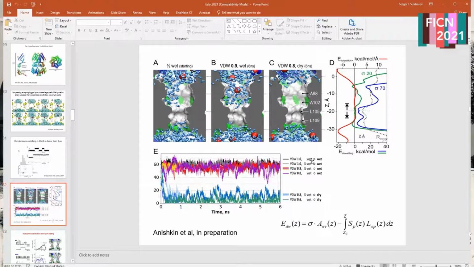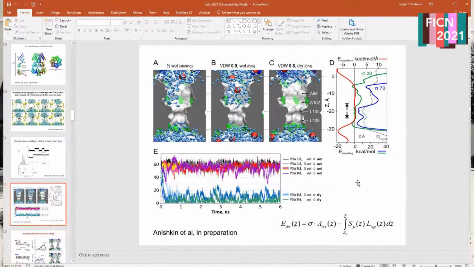When it's 1 compared to the normal CHARMM27 force field, then we always see quite a bit of water here. So the starting position is a half-wetted outer chamber. If we reduce it to 2.8, we are right at the fence, and it's 50-50. And below that, we see a complete de-wetting of the outer chamber.